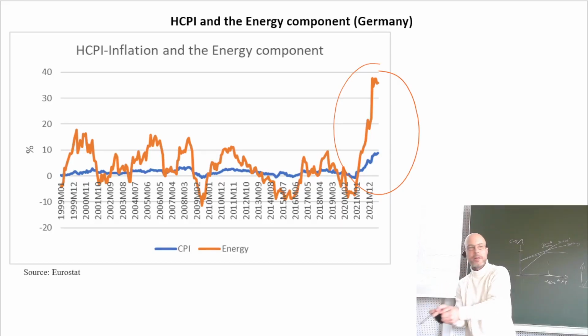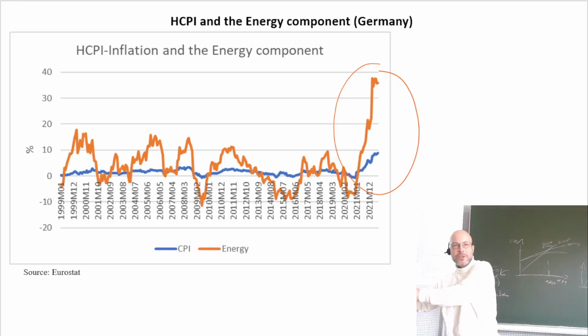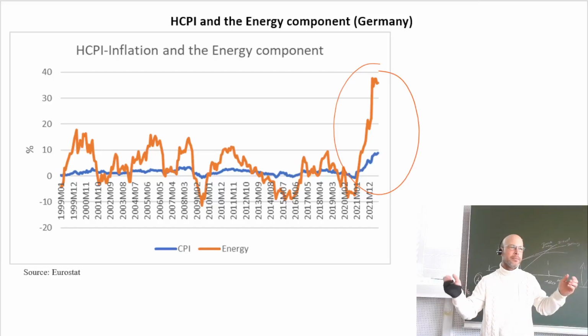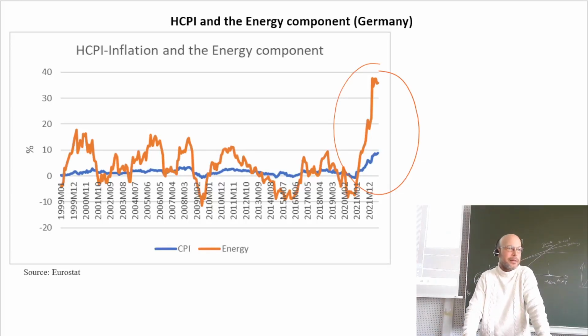If this energy component is roughly 10% of the total price index, and this component is changing by 10, 20, 30 percentage points, as energy prices have moved during the last month, then we calculated that just from this energy component, we had an impact of 2-3 percentage points on the whole price index. And I have the expectation that prices, or inflation rates, will really come down faster than Lukas Löh has told us today, because energy prices moved really fast downwards in the last weeks.